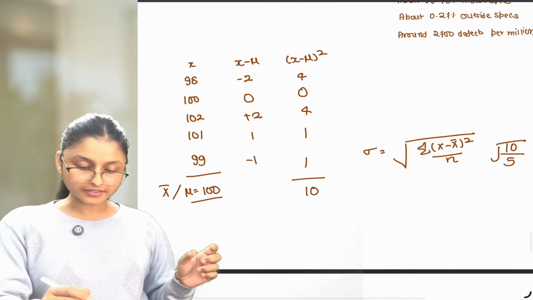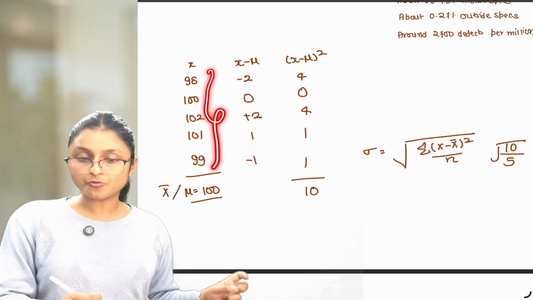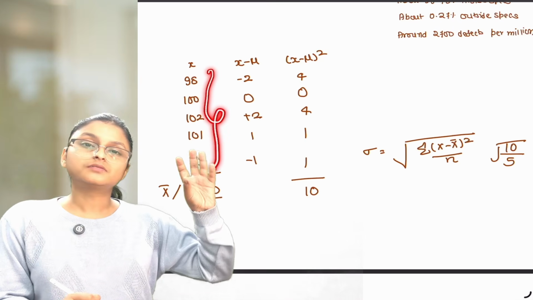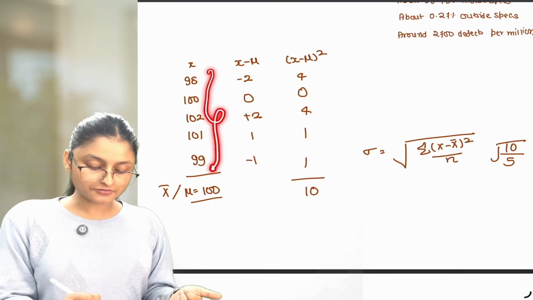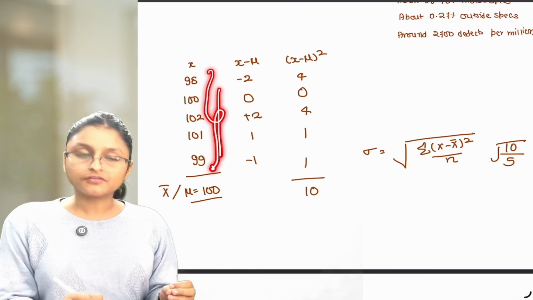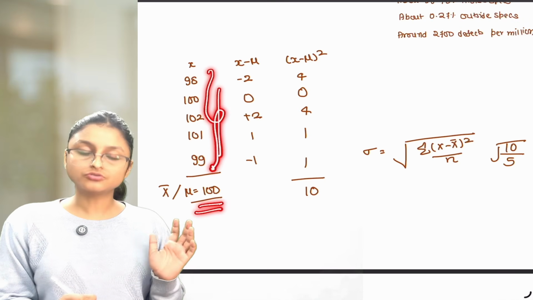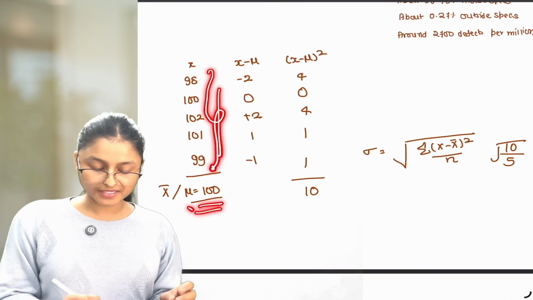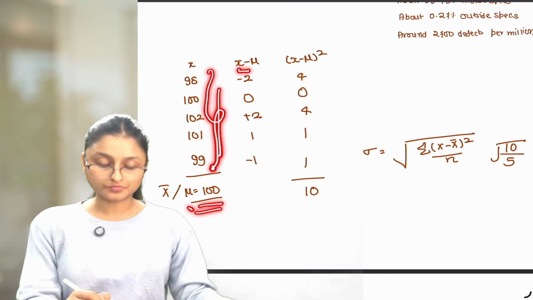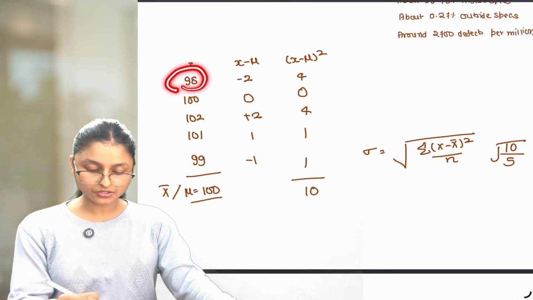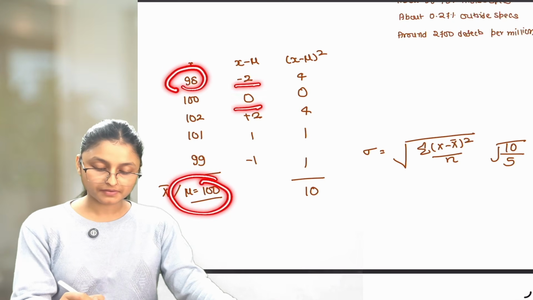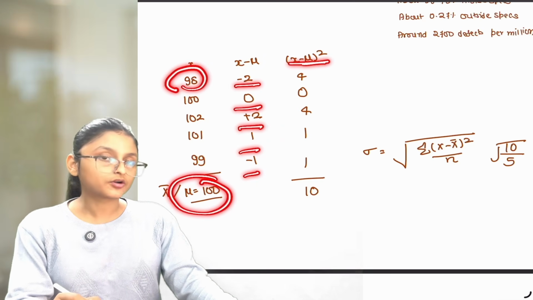To calculate standard deviation, first we will take all the output or all the percentage or value of the output which we have generated. We'll take average of it. So average is coming to 100. This is our mu. Then we'll calculate x minus mu, that is the x value and your average. We will subtract that and we'll square it.